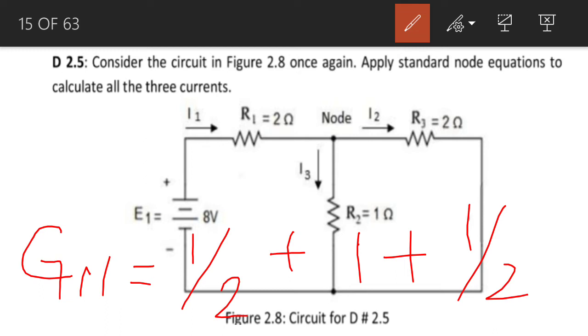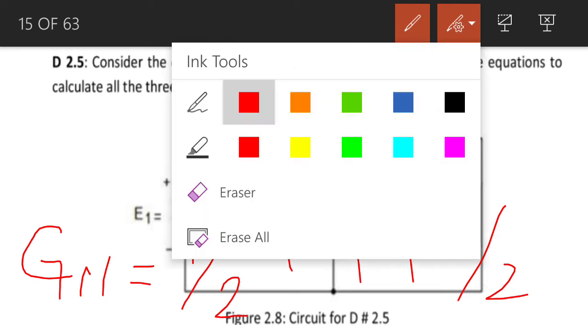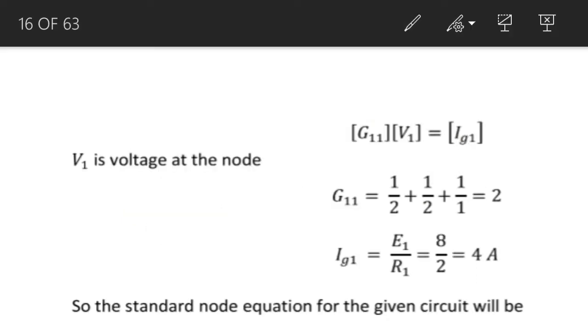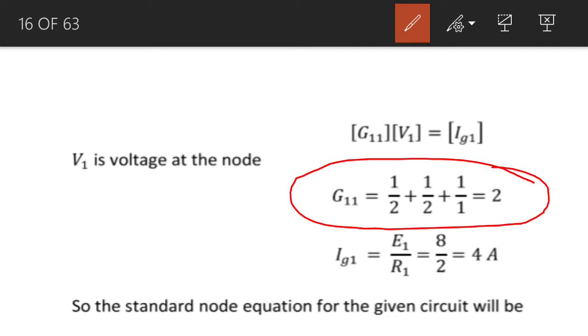Let us consider this equation on the next slide. This is how we calculated G11. You see, three resistors have been connected to the single node of the entire circuit. We calculate the conductance of each and every resistor, and then we take the sum of all these conductances, which is equal to 1 by 2 plus 1 by 2 plus 1 by 1, that is 2 mho. So this is G11.